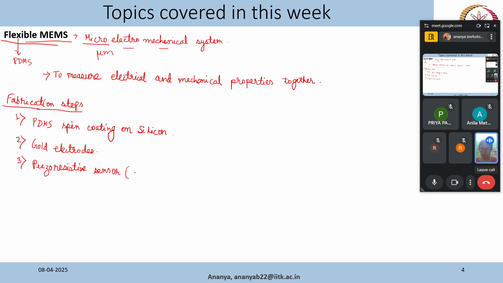So a piezoresistive sensor is basically like a strain gauge. The piezoresistive sensor that was discussed in the class was made of PEDOT:PSS. So it's a conductive polymer. It shows piezoresistivity. Okay, that means the resistance changes due to the applied force or pressure.